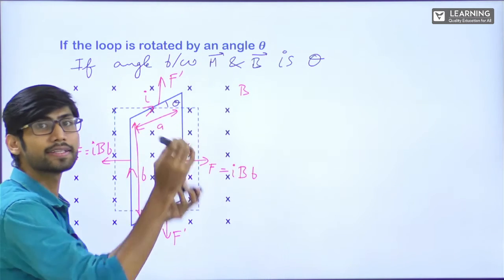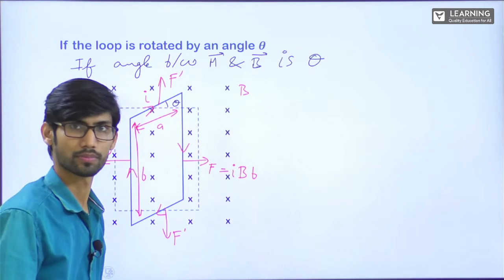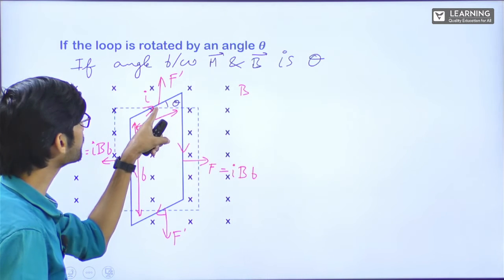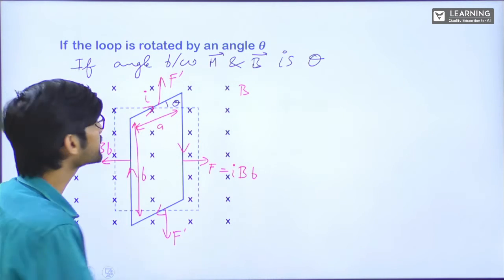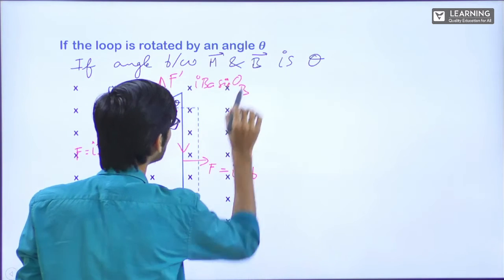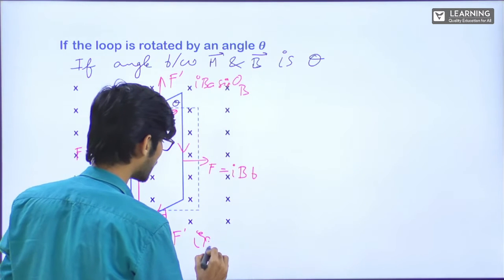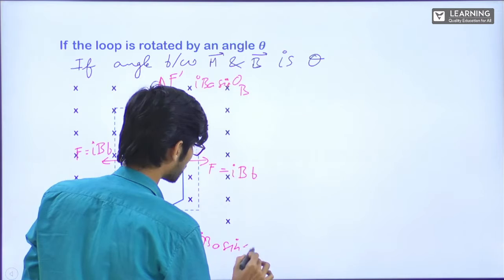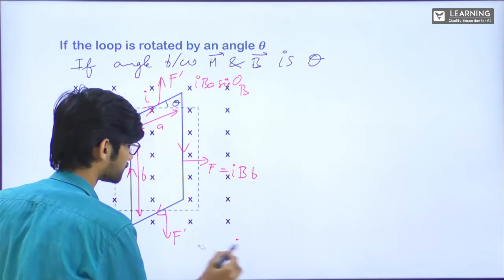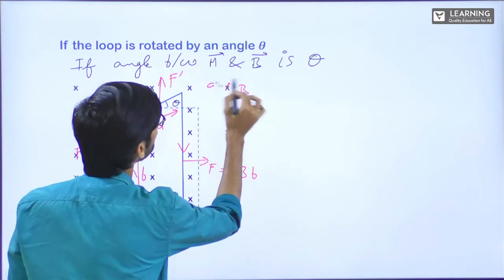So sine theta will also come into the picture. So here it will be I B A sine theta. Here also the same thing, I B A sine theta. Easily we can understand both the forces are equal.